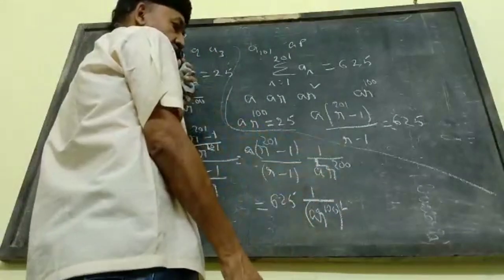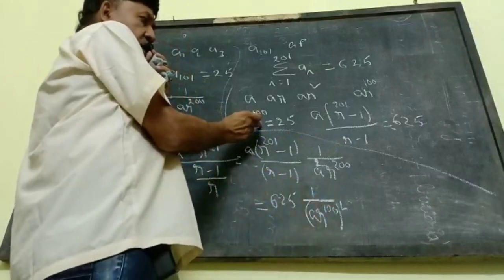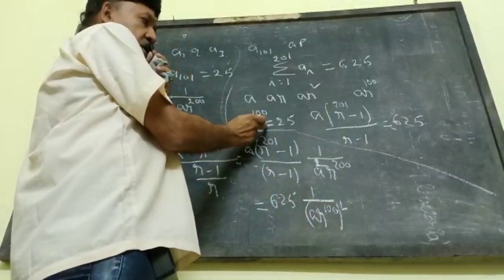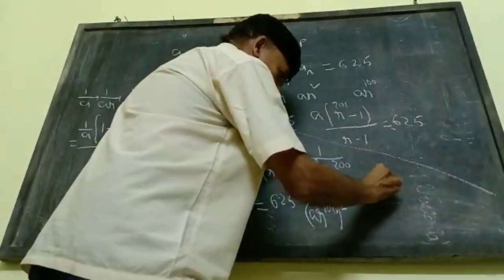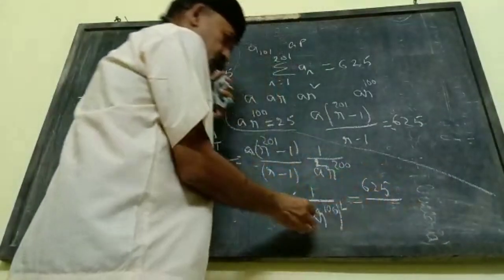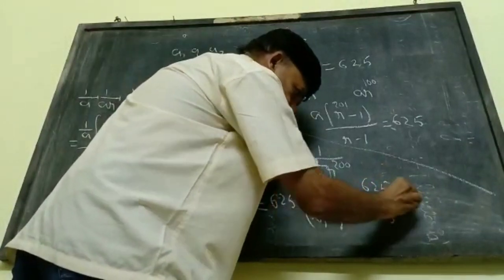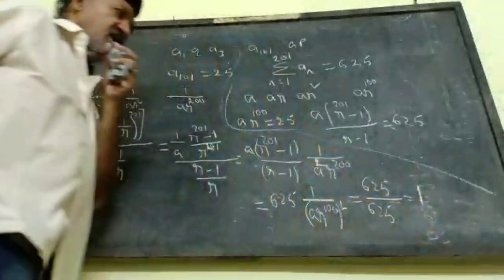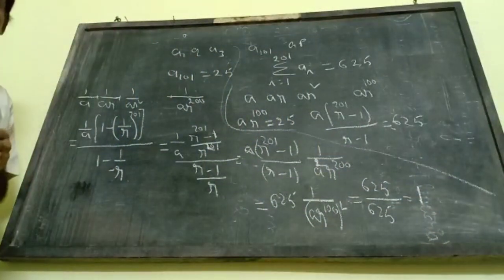So 625 by 25 square, which is 1. Okay, understood?